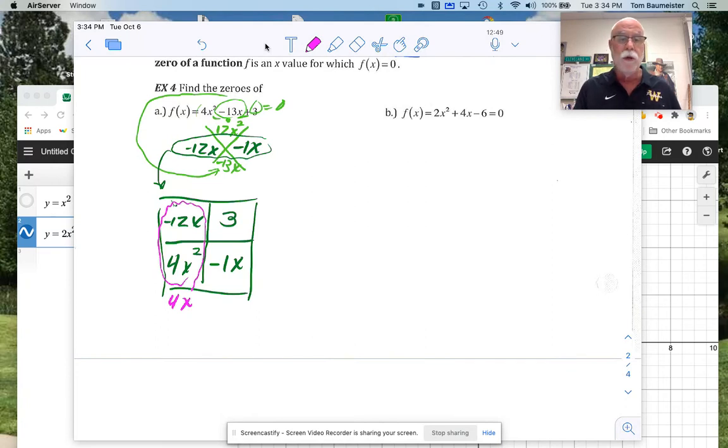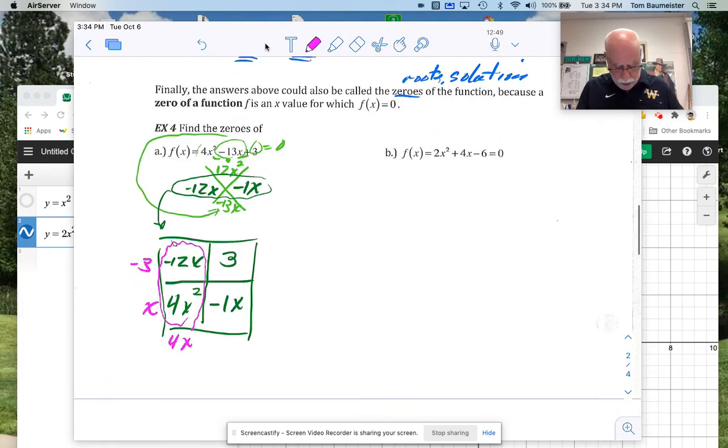So now I'm just going to multiply to get what's in that box. 4x times what gives you 4x squared? And you would tell me it's an x. 4x times what gives you negative 12x? And you would tell me that is a negative 3. All right. Then I have to look at the other way here. So I took care of that one there. Now look at this one this way here.